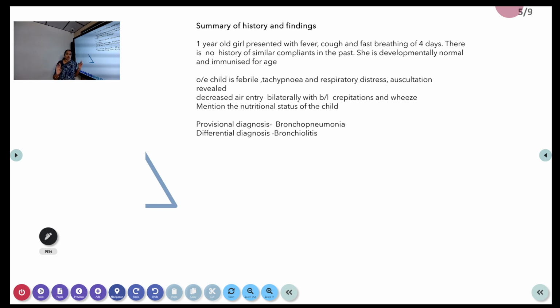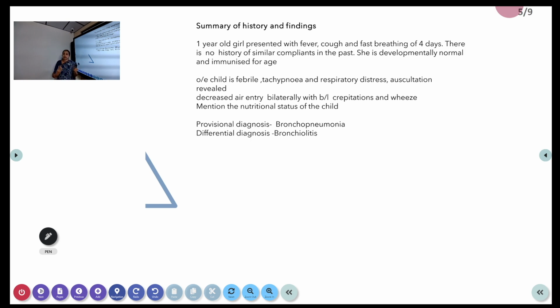Suppose this child had recurrent cough and fast breathing in the past, then you may suspect congenital heart disease with a left to right shunt like a VSD. That will be one thing. Then for recurrent pneumonias, another possibility is a congenital lung anomaly, a tracheoesophageal fistula, or GERD, gastroesophageal reflux disease.